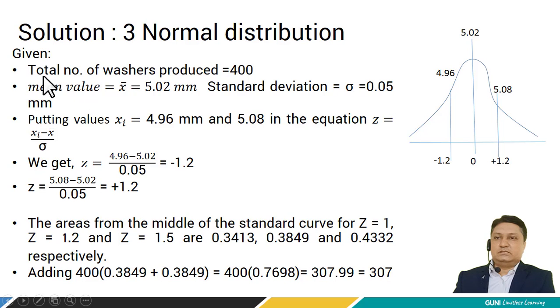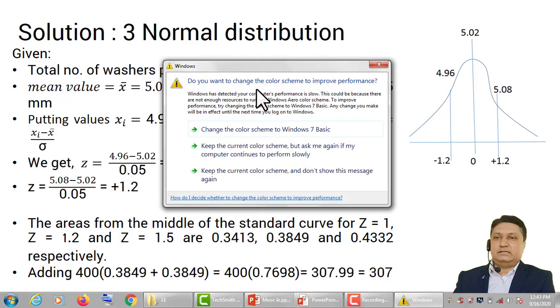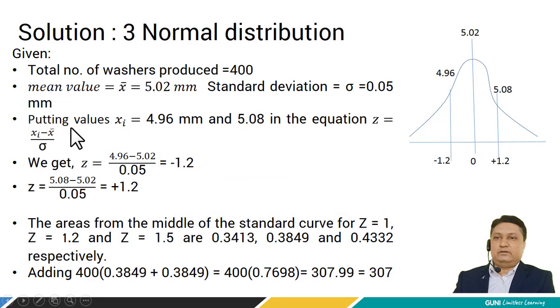The mean value x is equal to 5.02 mm and standard deviation is given 0.05. So we will mark the mean value, that is 5.02, for z is equal to 0, and putting the values xi is equal to 4.96 mm and 5.08 mm in the equation z is equal to xi minus x bar upon sigma, we get the z value for xi is equal to 4.96 as -1.2.